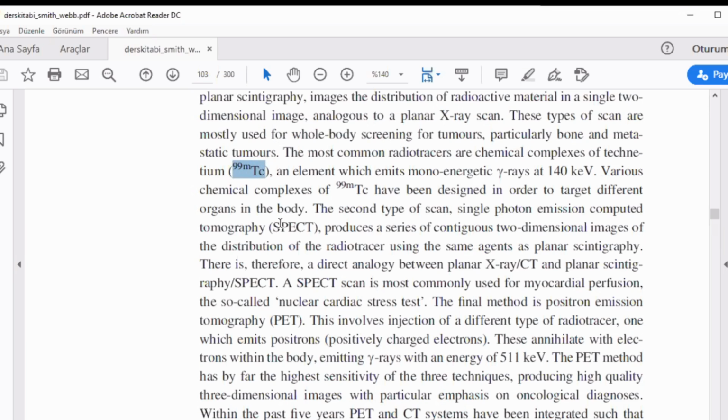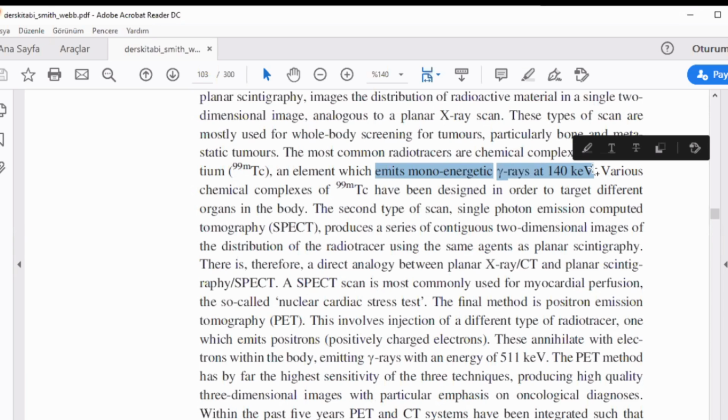Okay, this is a special kind of heavy nucleus. This is radioactive. So in the nucleus, that atomic weight 99 is very unstable, and it emits gamma rays at 140 kiloelectron volts.